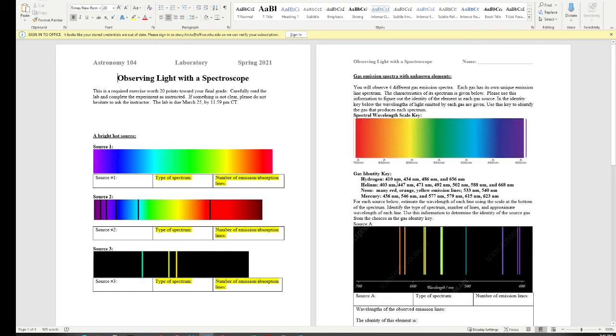So for instance, helium gas would have lines at 403 nanometers, 447, 471, 492, 502, 588, and 668, right? So I know from looking at this, and I included a visible wavelength scale up here for comparison. So for instance, in helium, we have a spectral line at 403 and 447, right? So I would expect to see some purple lines.